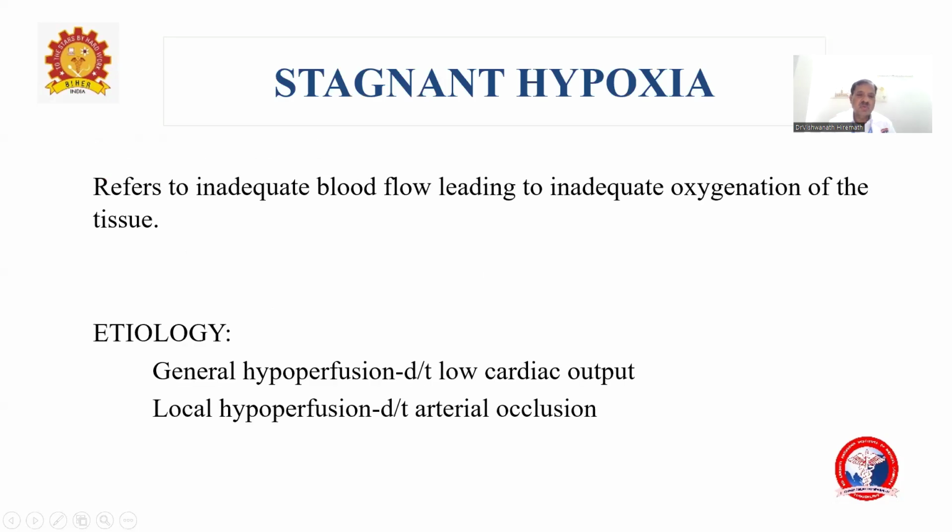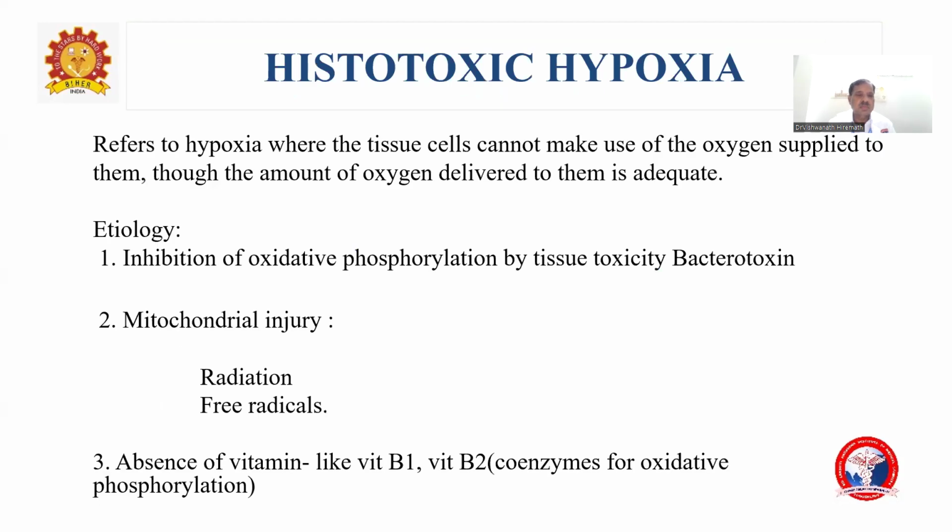Stagnant hypoxia refers to inadequate blood flow leading to inadequate oxygen to the tissues: general hypoperfusion due to low cardiac output, local hypoperfusion due to arterial occlusion. Histotoxic hypoxia refers to the hypoxia where the tissue cells cannot make use of the oxygen supplied to them, though the amount of oxygen delivered to them is adequate.